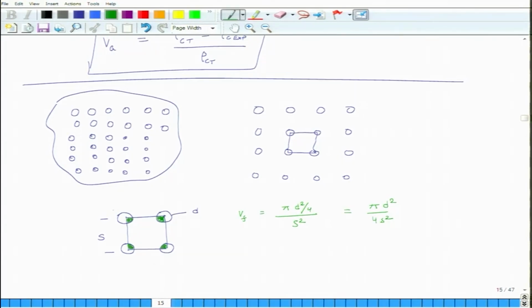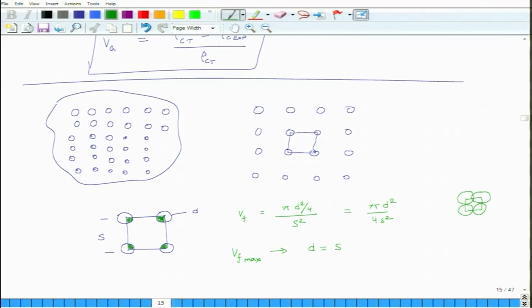If fibers are arranged in such an order, then Vf max will be when these circles touch each other. So, Vf max will occur when d equals s, right. That is when circles touch each other, then this is our square, then d equals s.